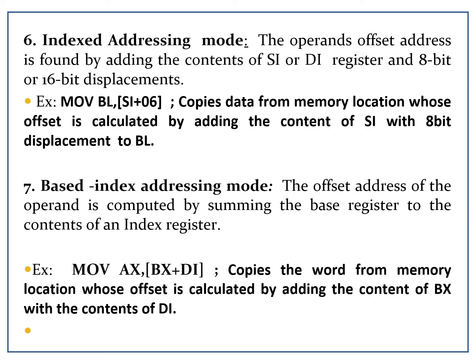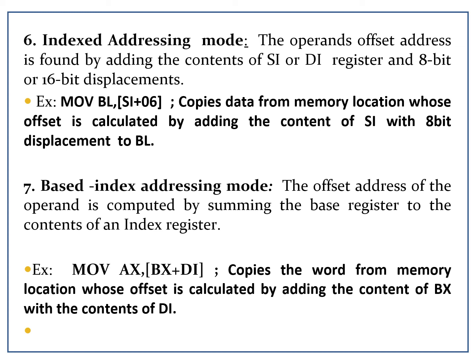Now the next addressing mode is indexed addressing mode. In this addressing mode, the operand's offset address is found by adding the content of the SI or DI register and an 8-bit or 16-bit displacement. Means in this also displacement is given, and only index registers are used with displacement.